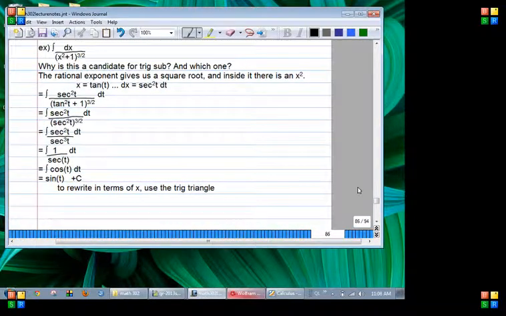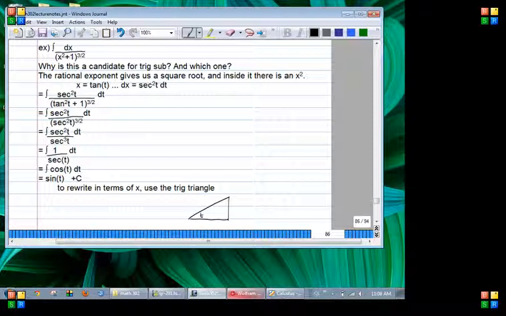Now we just got to do a little trig. So we use our trig triangle. The angle is t, and what do we know about t and x? x is the opposite. So we know that x equals tan t.